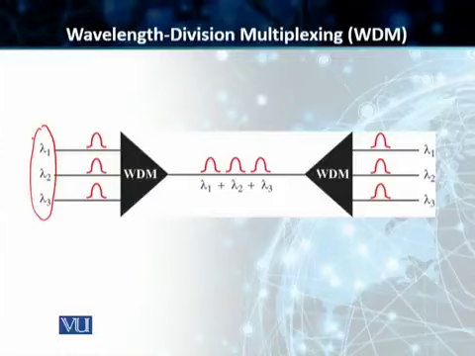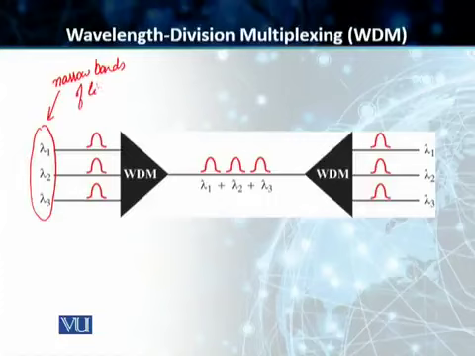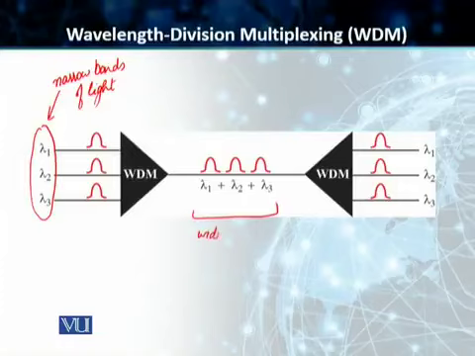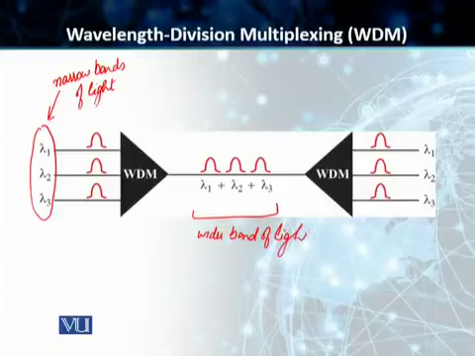form of light. So students, very narrow bands of light from different sources, lambda 1, lambda 2, and lambda 3, are combined to make a wider band of light, which is then transmitted over the fiber optic cable that we have.